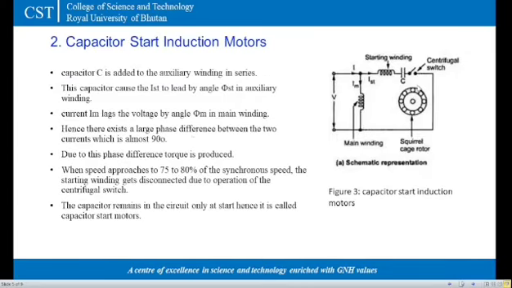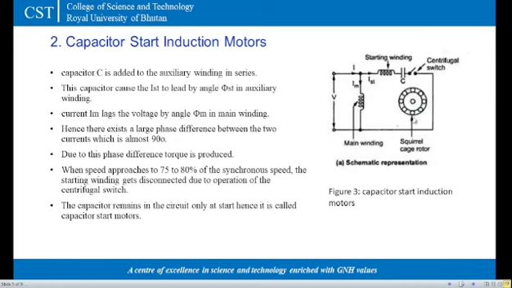Here the capacitor C is added in series to the auxiliary winding. This capacitor causes IST to lead the voltage by angle phi, and in the main winding the current IM lags the voltage by angle phi. Therefore, there exists a large phase difference between these two currents. Due to this phase difference, the torque is produced.